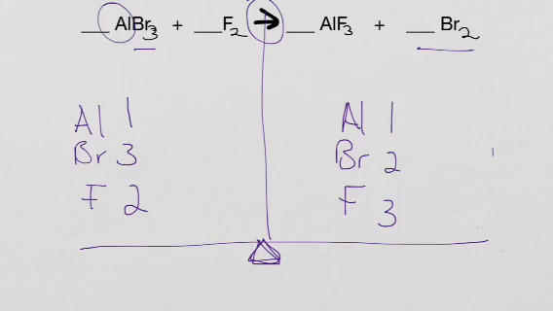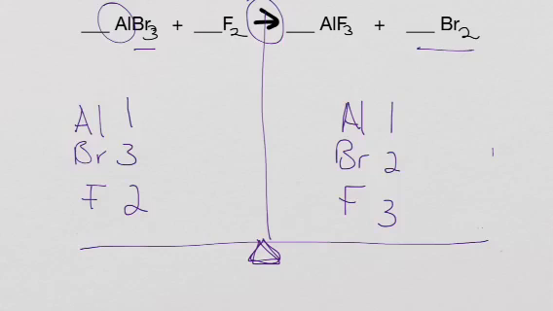Now, we have to have the same amount of each one on each side. So I just start at the top of the list. Aluminum has 1 here, and aluminum has 1 here. So for right now, those are okay. But don't be afraid to change one if you have to. If in the process of fixing another element you mess up the aluminums, that's okay.